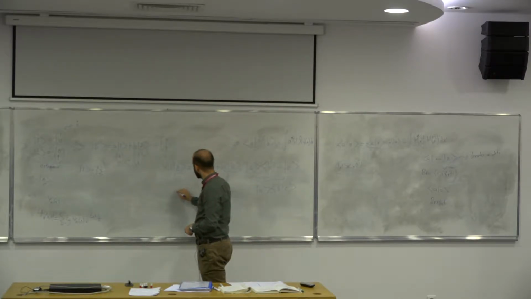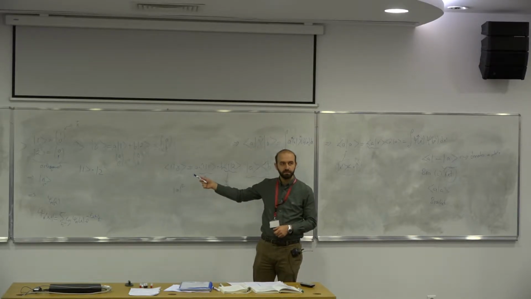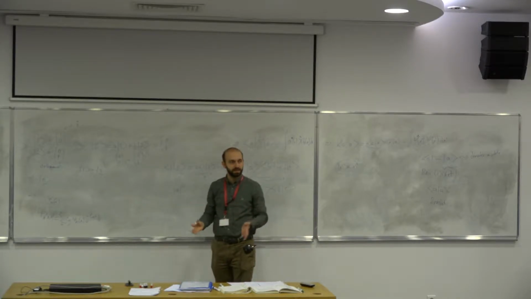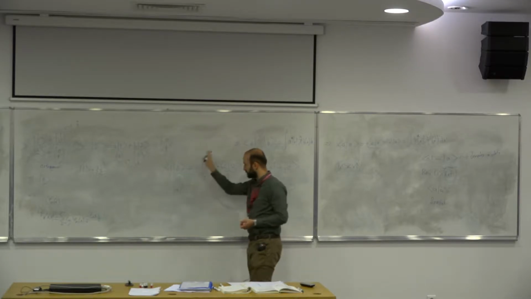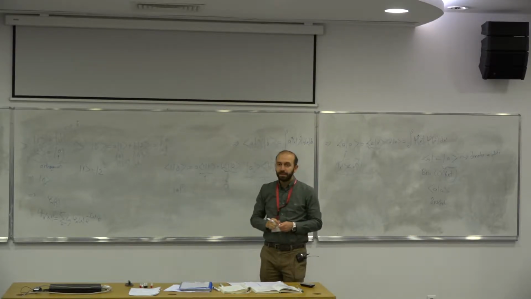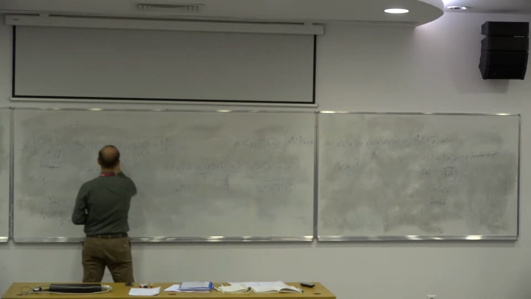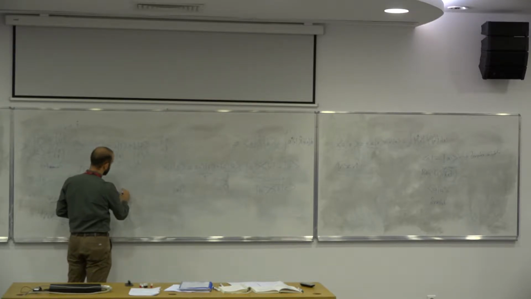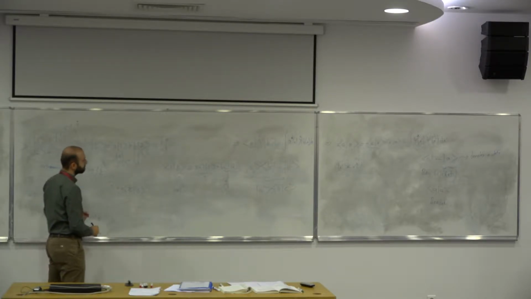So this would be the probability of finding 1 in this state. That's a linear combination of these two, assuming that this is normalized. If you'd like to normalize this, then you have to do this and set this to 1.